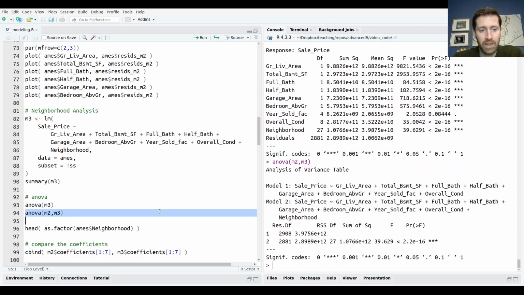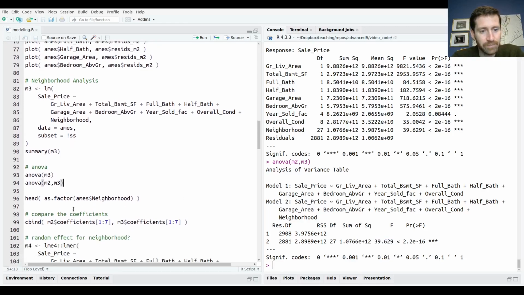That will just print one line that tells me whether model 3 is significantly better than model 2, and it gives the same exact F statistic as this one. So it does the same exact test, but without all this extraneous information. It just gives me the number that I need. So to not confuse myself, I'll almost always call this with two models.